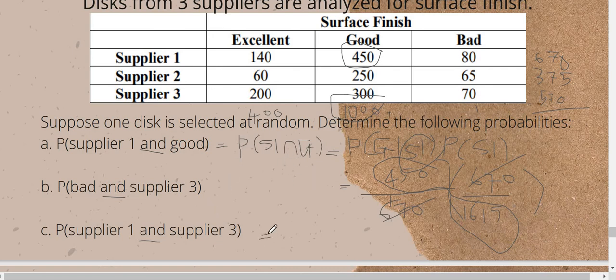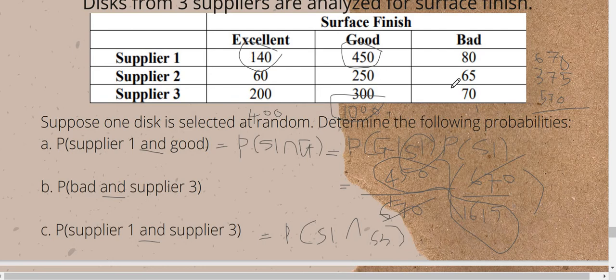For C, you can see that this is the probability for supplier 1 and supplier 3. So P(S1 intersect S3). Class, see carefully. From your table, can S1 and S3 intersect? For example, S1 and excellent, yes, you can have a figure here.